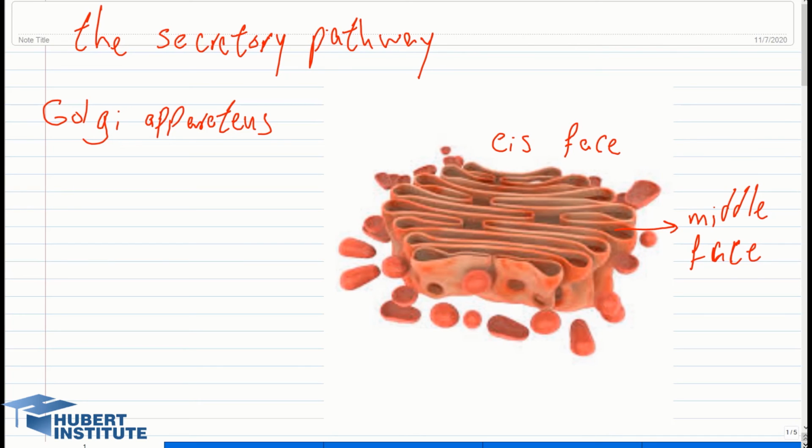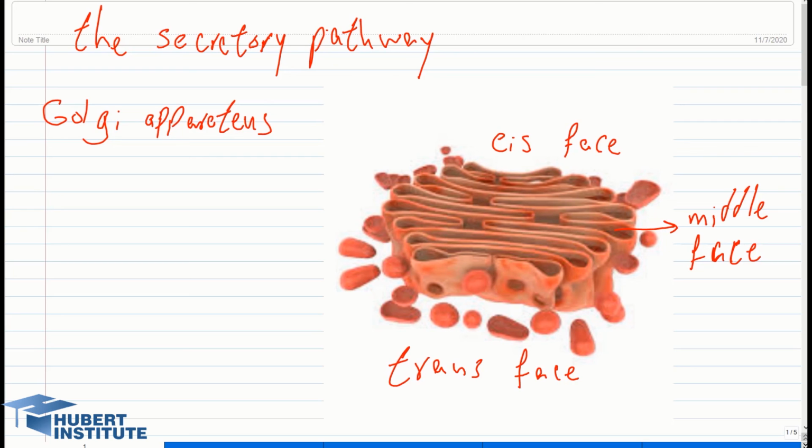In the middle of the Golgi apparatus, we have the medial face, which has a specific function that we are going to mention in upcoming videos. And we have the trans face, where the vesicle export from the Golgi apparatus occurs.